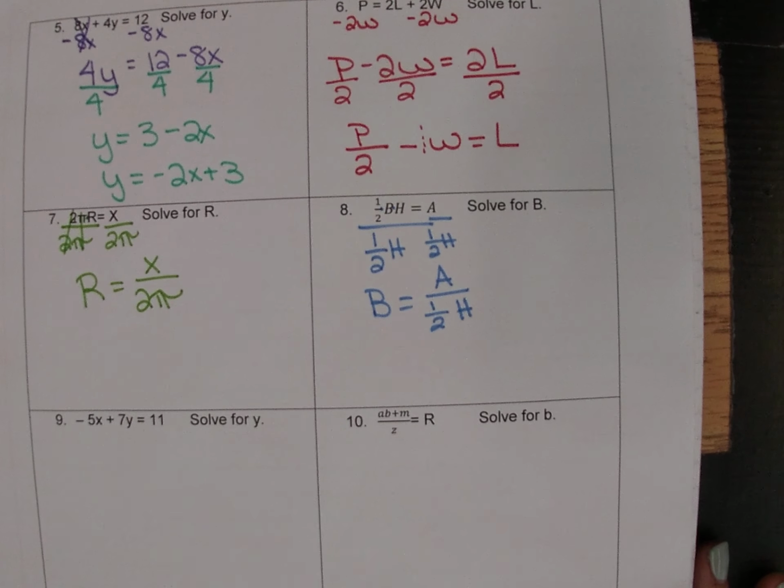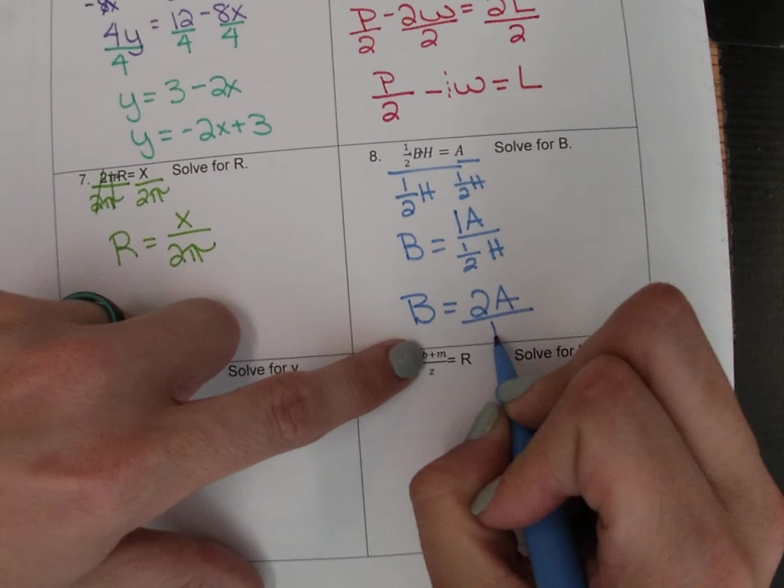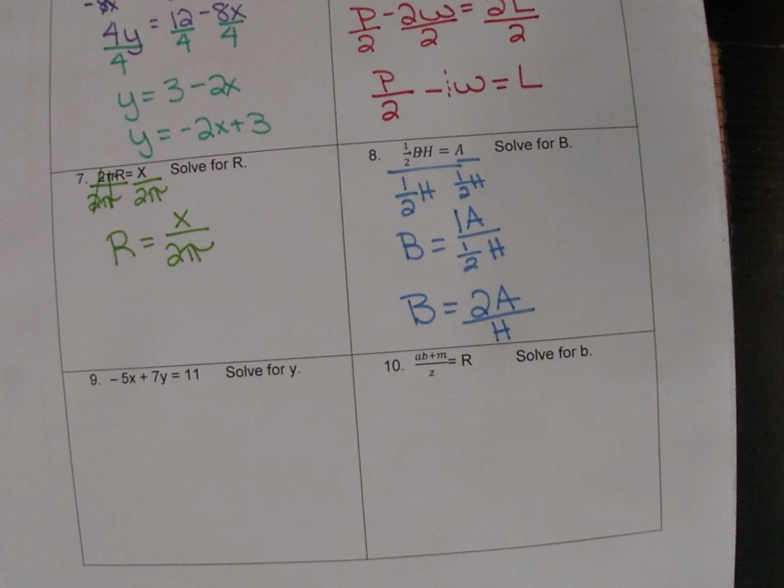That's a big no-no, which means we still have some simplifying to do. So what number is sitting in front of that a? 1. So what this really says is 1 divided by 1/2. If you need your calculator to help you do that, you can, but 1 divided by 1/2 is 2. So we'll get 2a over h.